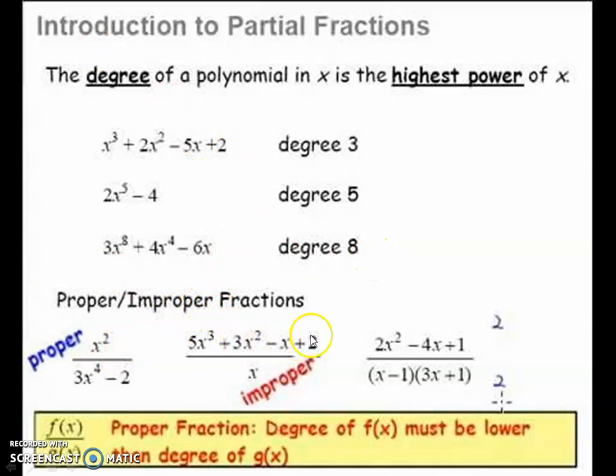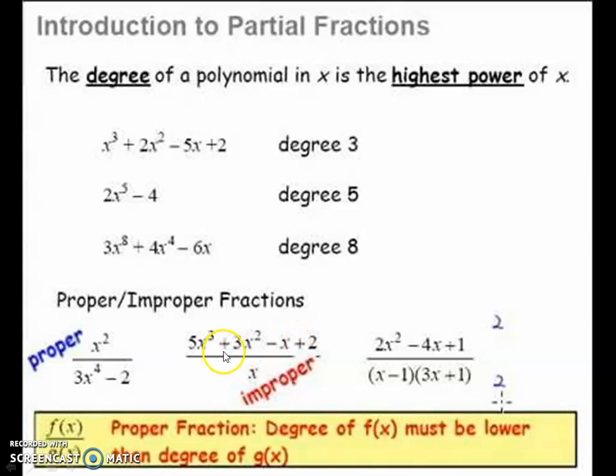Proper and improper fractions are defined as follows. If x raised to 2 upon 3x raised to 4 minus 2 is given, that means the denominator's x degree is higher. That is called a proper fraction. So here I give the example x square upon 3x raised to 4 minus 2.